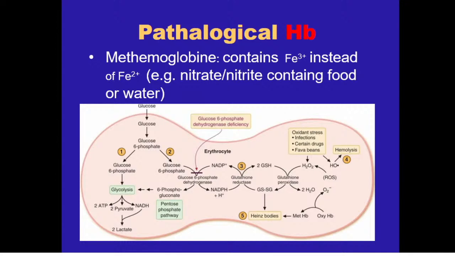This can be caused, for example, by uptake of food or water with nitrate or nitrite. In this case, hemoglobin, when it is in connection with oxygen, can lose an electron together with a molecule of oxygen, and this is an active form of oxygen radical that can cause oxidative stress.